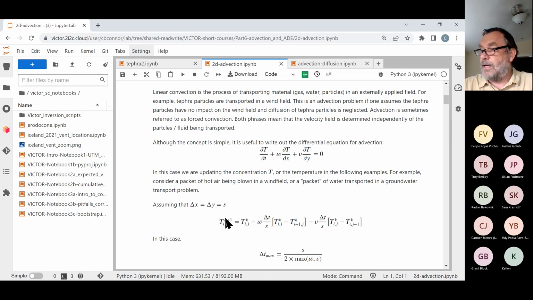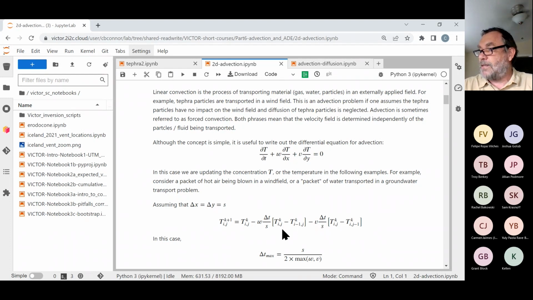If we're going to solve for the temperature or concentration in the future, at time k plus 1 at this grid point ij, that's going to be equal to the current temperature minus this term, which depends on W, the time step, and the grid spacing, and minus this term, which depends on V, the time step and the grid spacing.